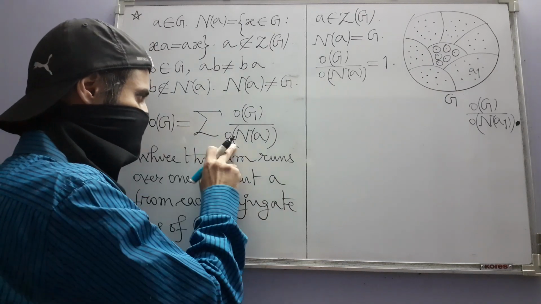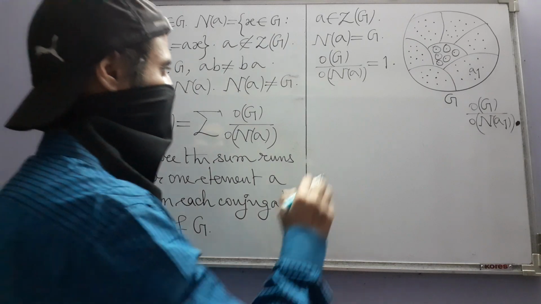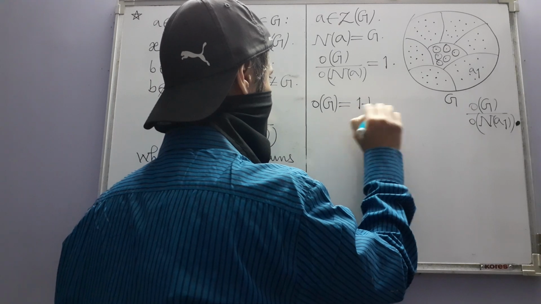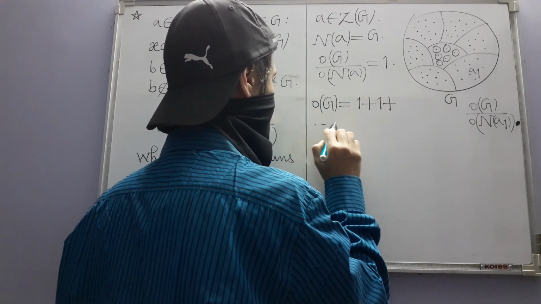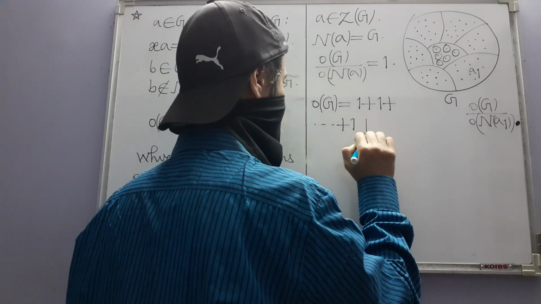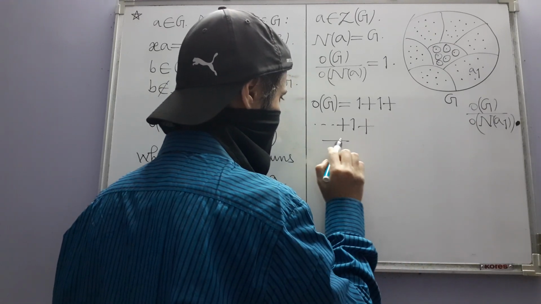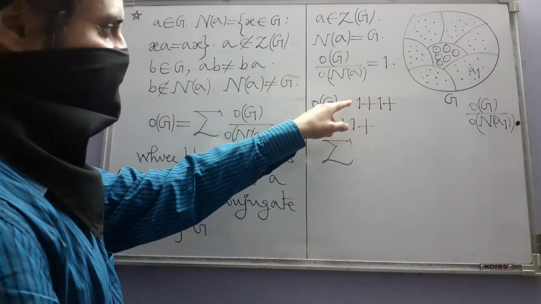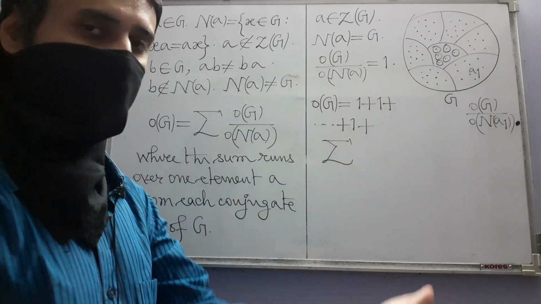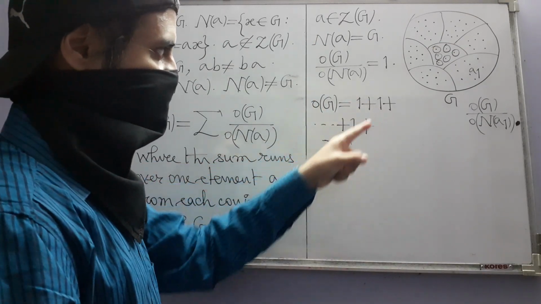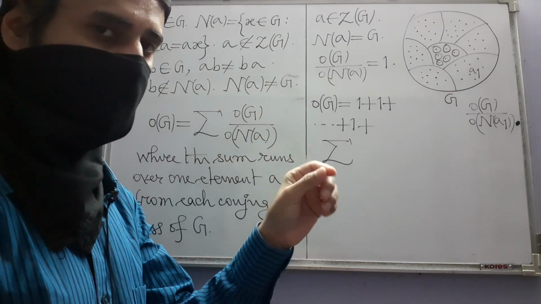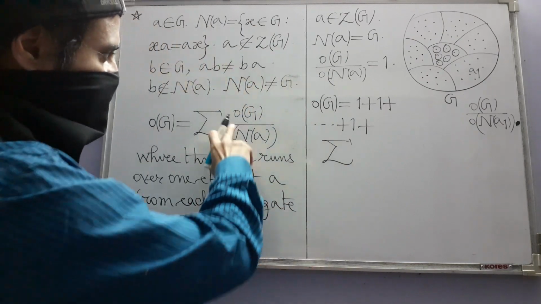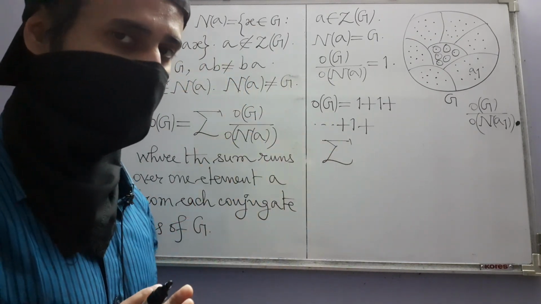So we can split this sum into two parts like this. 1 plus 1 plus 1 plus, let me write it here. So you do understand what these ones are. Each one is coming for one central element, and each one is the size of the conjugate class corresponding to that central element. But then the rest are the sizes of conjugate classes of non-central elements.